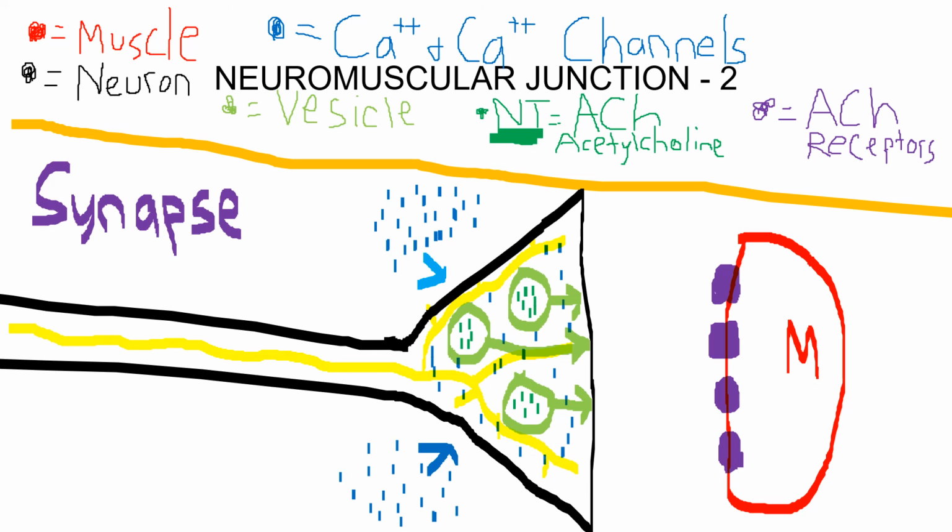Versus endocytosis would be bringing the bubbles into the cell. So in this situation, calcium causes those vesicles to move towards the cleft, towards the edge, and then they spit out, or they exocytose, all the acetylcholine into the cleft. And that's due to that calcium moving it there.